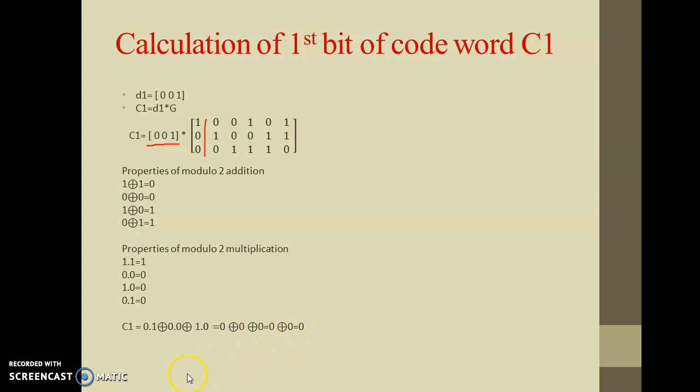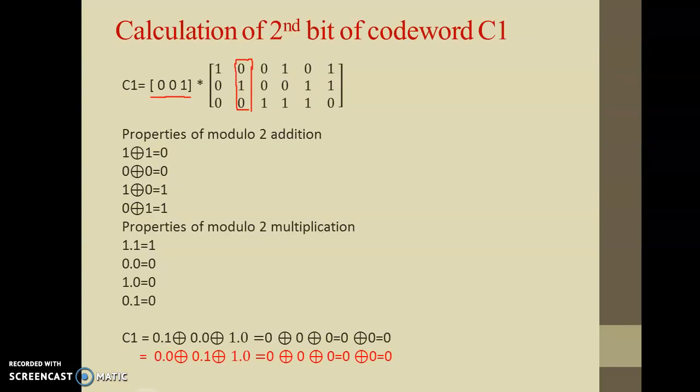Likewise you are going to calculate the second bit of code word C1. For that, you take D1 into the second column of the generator matrix, and in the same fashion, addition will be XORing and multiplication will be ANDing. So likewise you have to calculate all 7 bits of the code word.